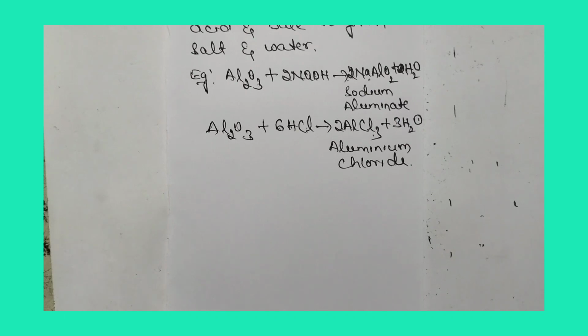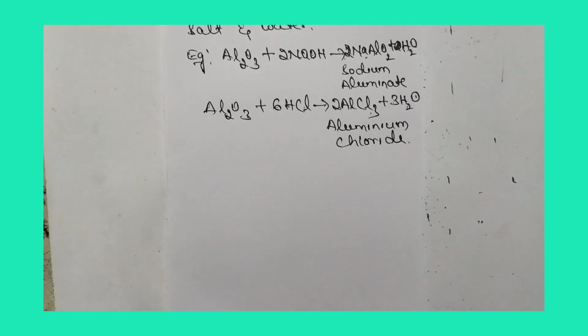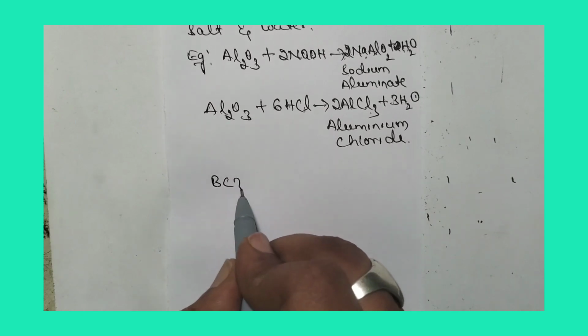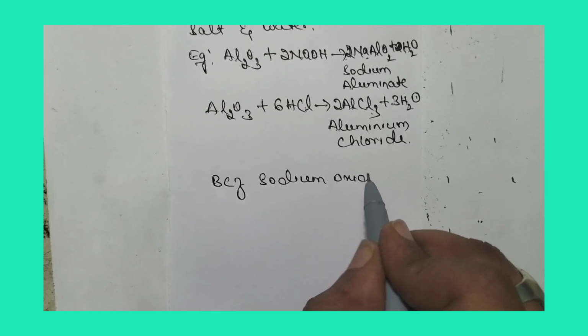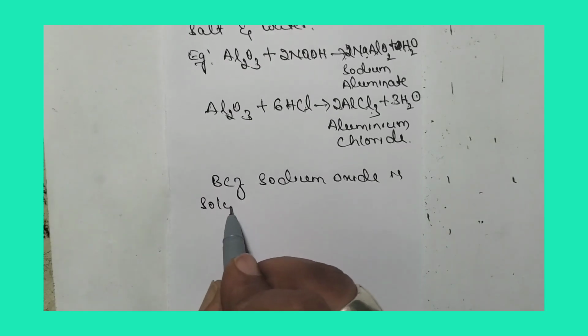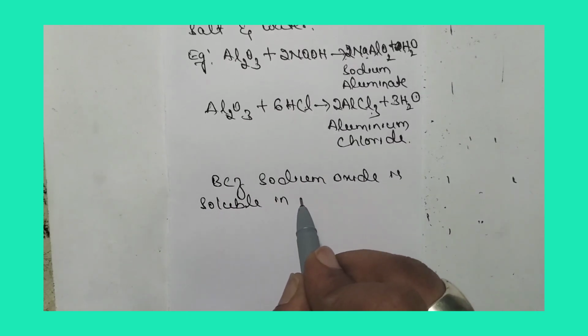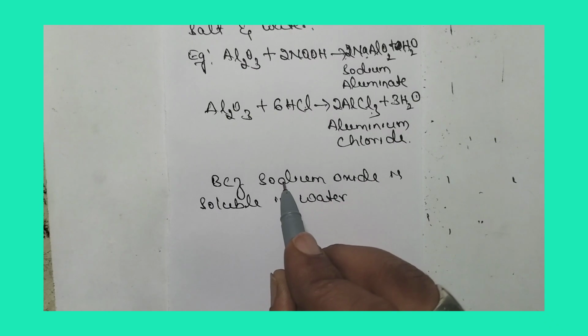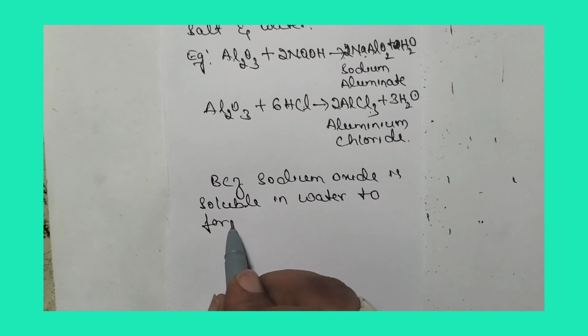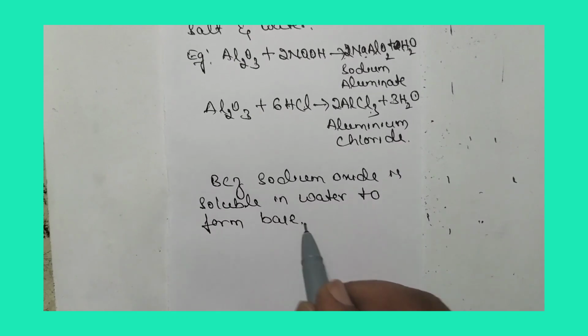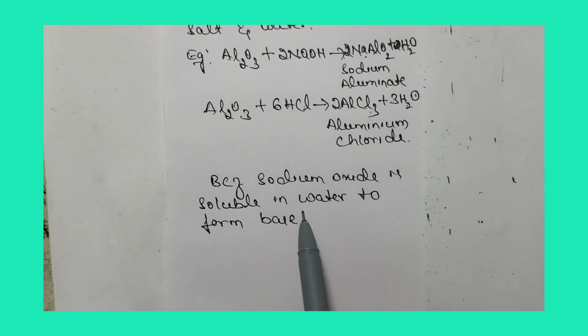One more question is there in this. Sodium oxide is a basic oxide, why? Now let us answer that question. Why is it called a basic oxide? Because sodium oxide is a metallic oxide which is soluble in water to form a base. Since it is soluble in water, it dissolves in water and forms a base.